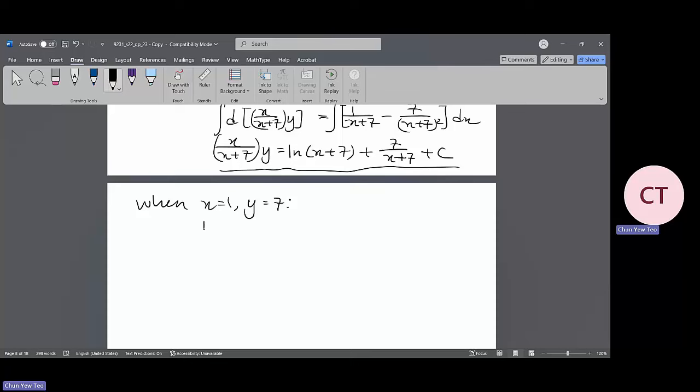You get 1 over 8. 7 is equal to ln 8 plus 7 over 8 plus c. Cancel this. Your c is ln 8. So that means replace the c as ln 8 inside the equations.